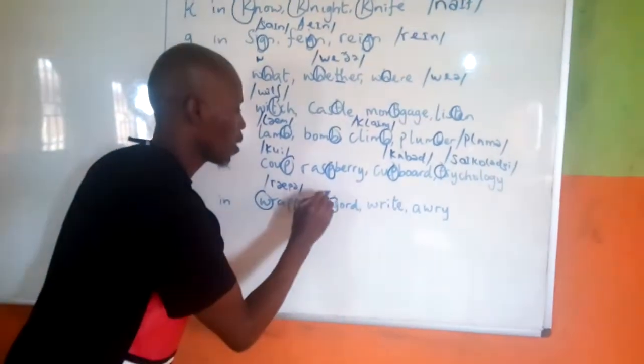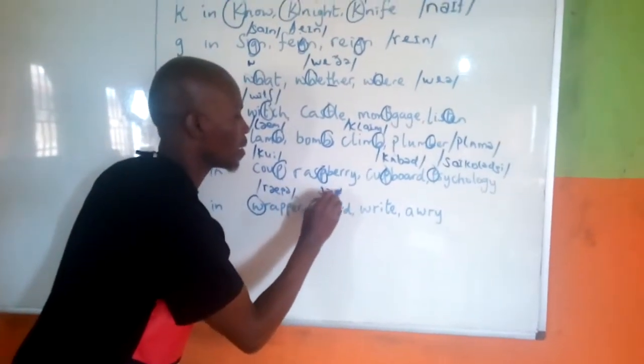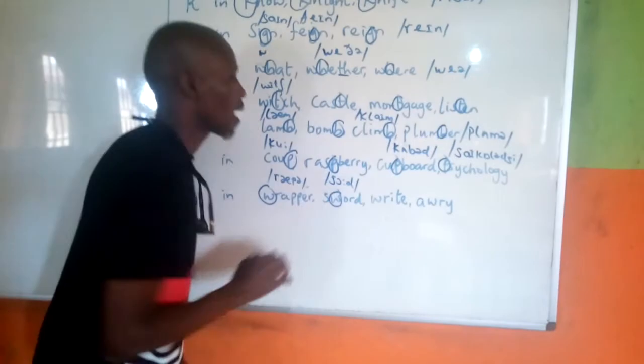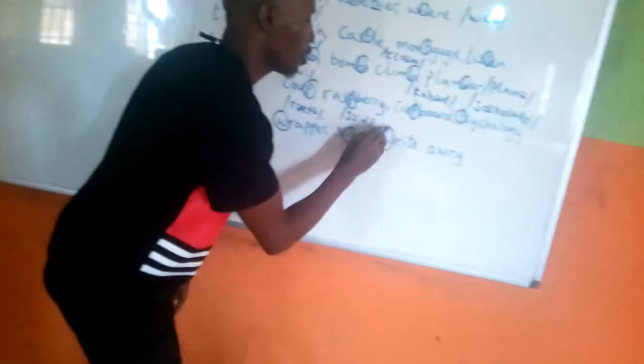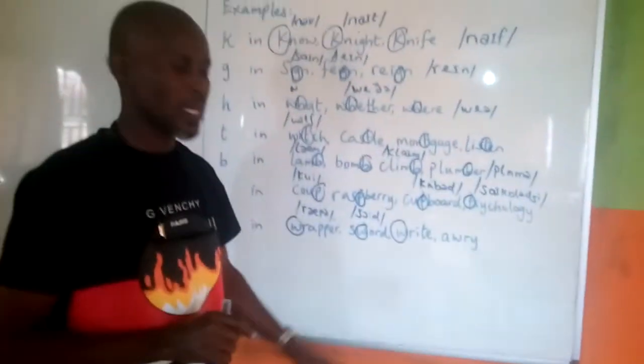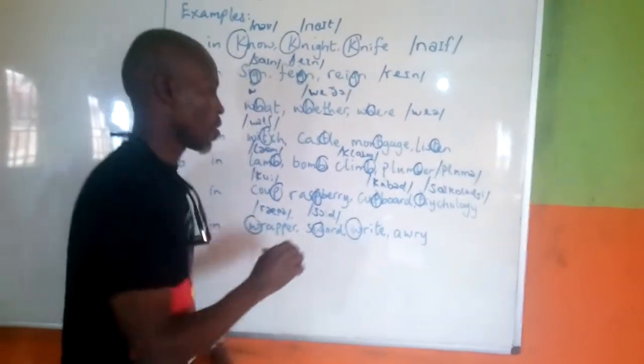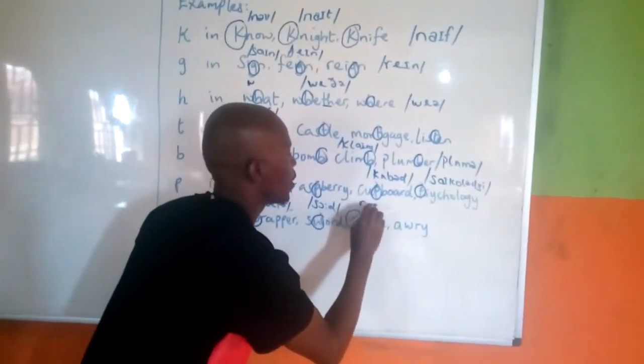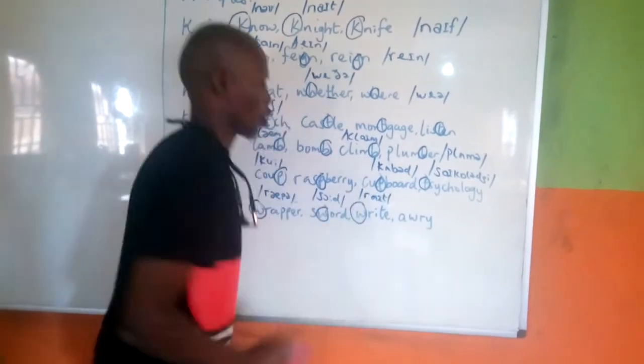The W is silent. So this is what you are pronouncing. Now in "write", the W is silent. It's a silent letter there. So you have "write" in the transcription.